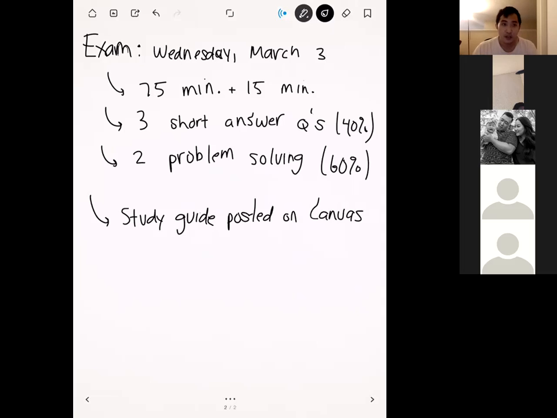Okay, so at the end of the study guide, you'll see that I've listed out some textbook problems that I think are good for additional practice. So if you want to do some additional problems besides the homework, you can check out those problems on the study guide. Okay? And if you're doing those additional problems, what I would recommend is you don't have to do the problems all the way to completion because I think that takes a lot of time.